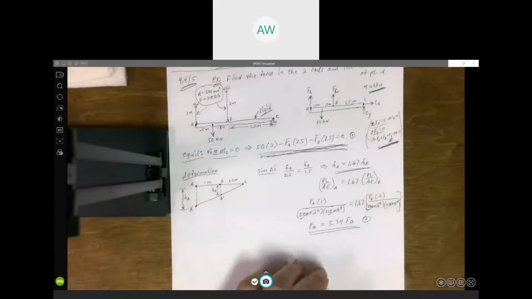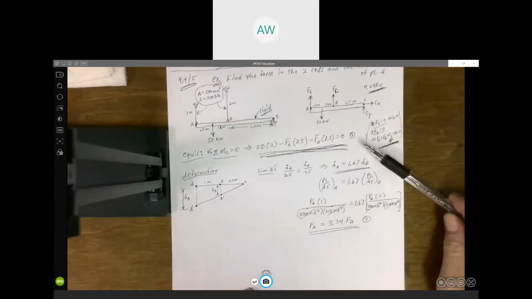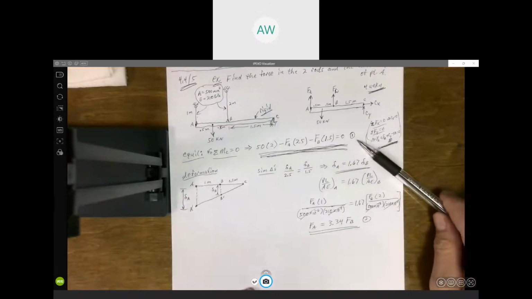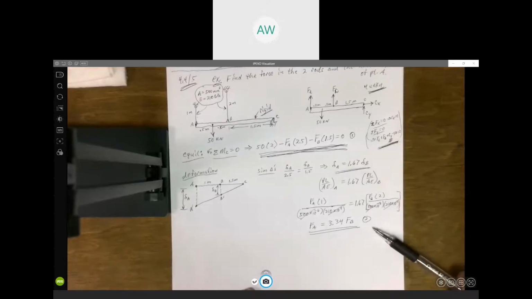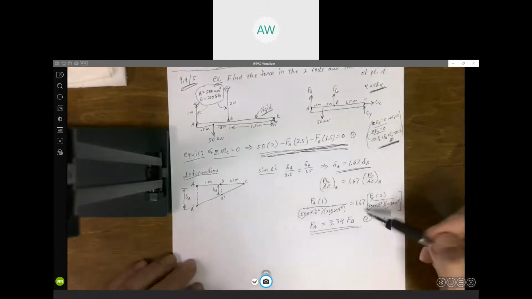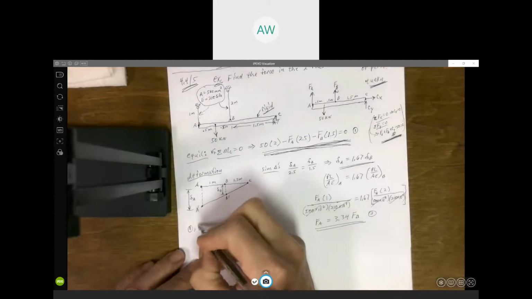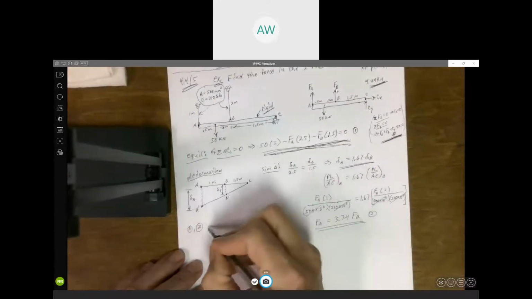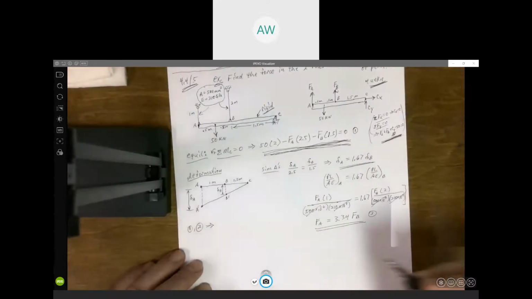That's my second equation. So I've got two equations now, both involving the two unknown forces, force A and force B. First one up here I got from equilibrium. This one I got from what we know about the deformation. And so now I'm actually able to solve for those two unknown forces. So take those two equations, and I'm going to skip the algebra here. Two equations, two unknowns.